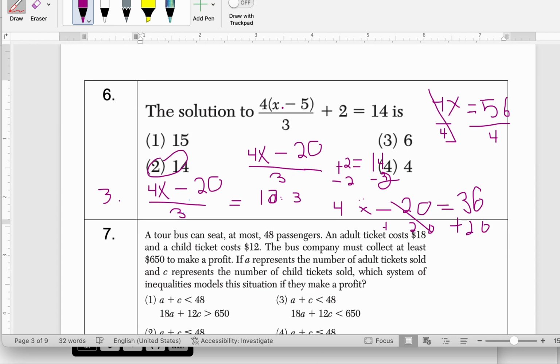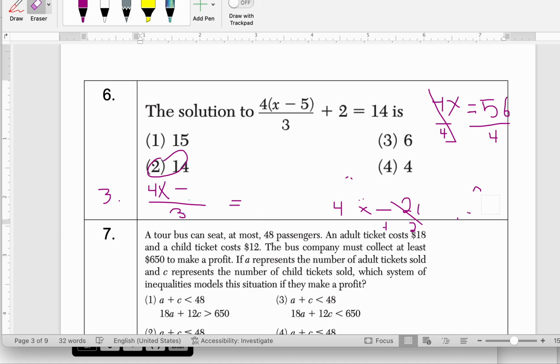Okay. Now, here's another way you can do this, if you have no idea how to do this. Let's clean it up so it's not so much here.